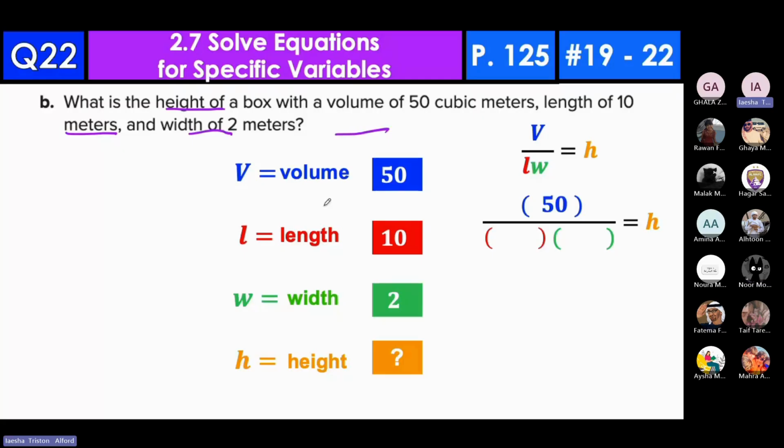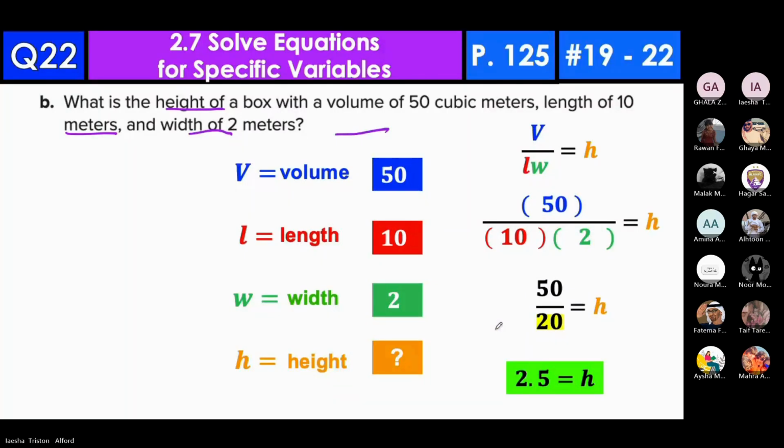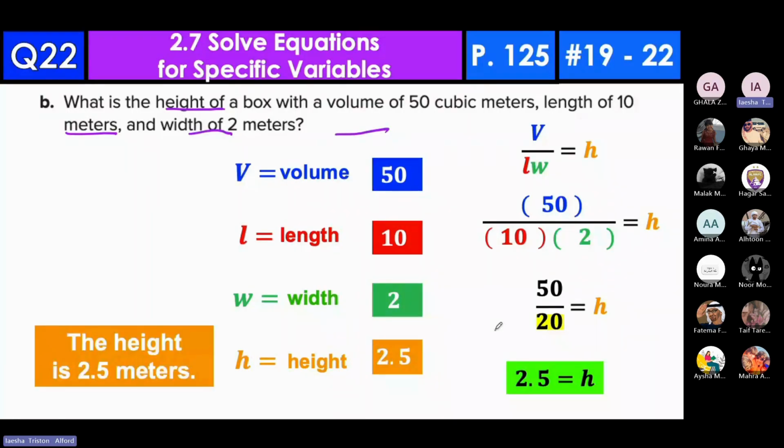What number is L? 10. What number is W? 2. From here, you can multiply the numbers in the bottom. Gives you positive 20. Divide, you get 2.5 is equal to H. So, what's the meaning? The height is 2.5 meters.